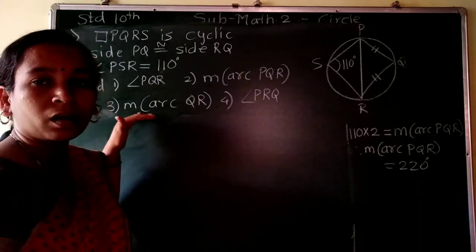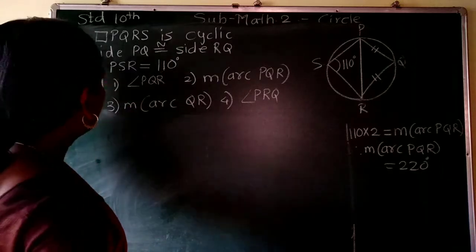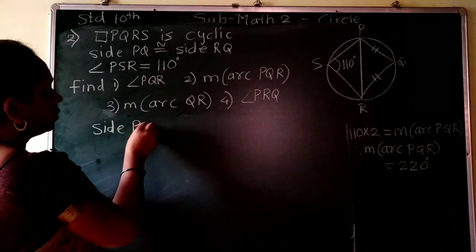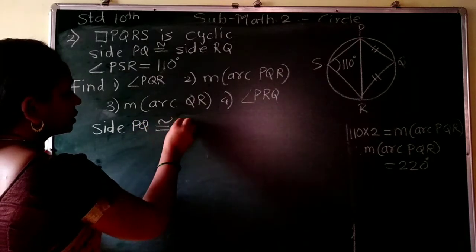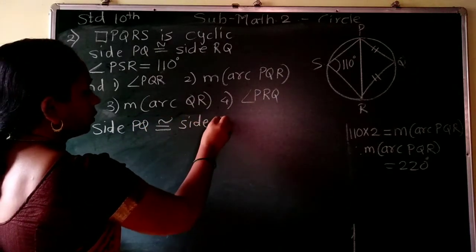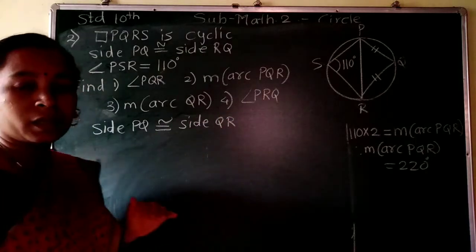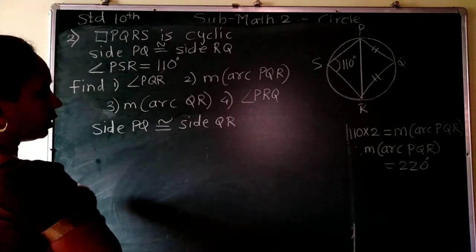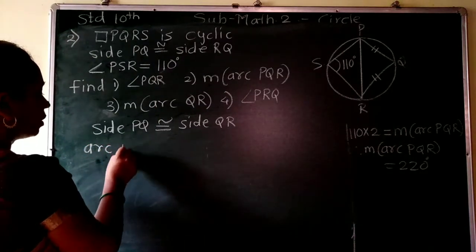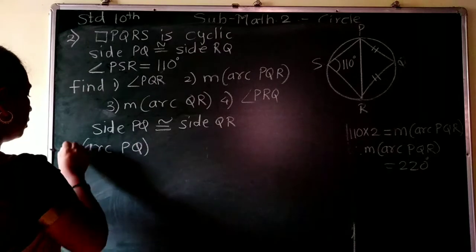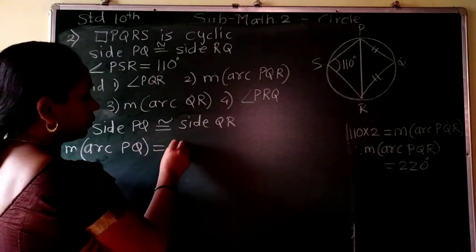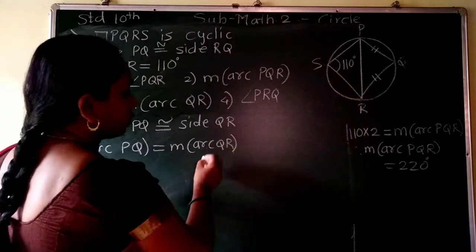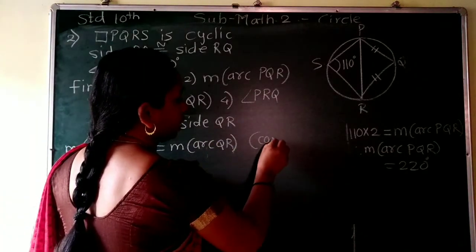Here to find the measure of arc QR, we have the information that side PQ is congruent with side QR. If these two sides are congruent, then their corresponding arcs are also congruent. So PQ's corresponding arc is arc PQ, and its measurement is equal to the measurement of arc QR. The reason for this is corresponding arcs.